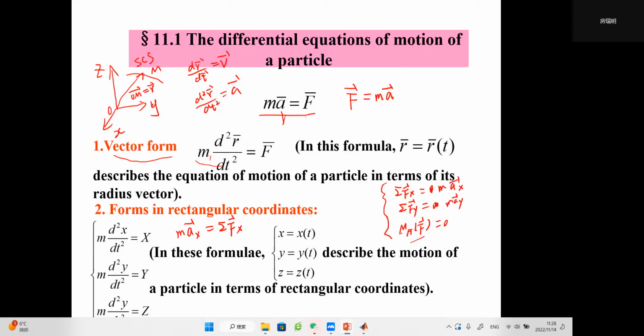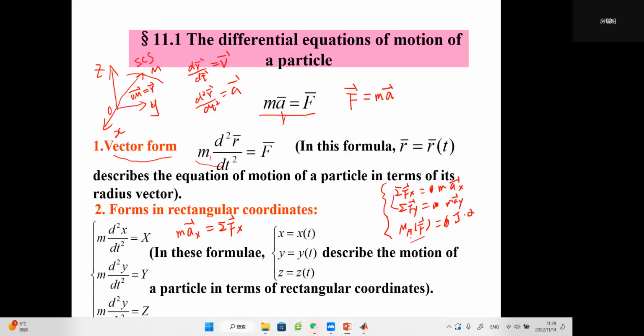What should this be? Because this is the moment, here it should equal the moment of inertia, 转动惯量, times alpha, which is the angular acceleration. So these 2 expressions give the relationship between force and translational acceleration.